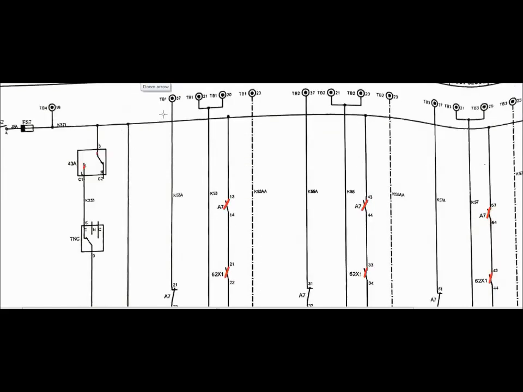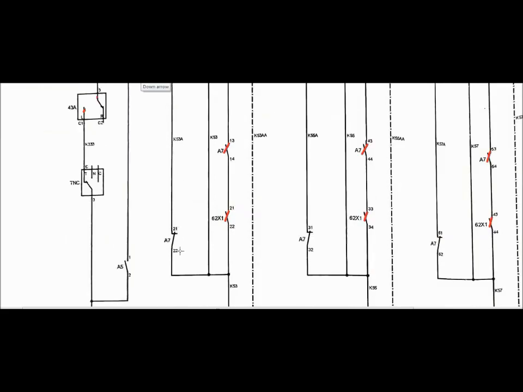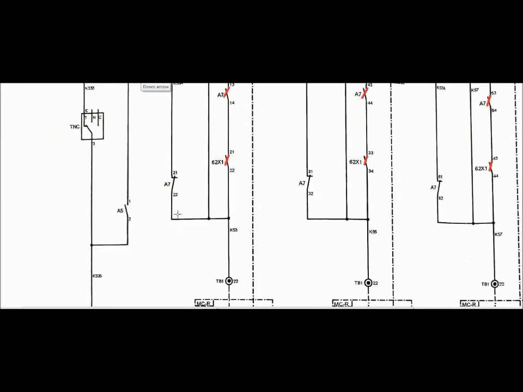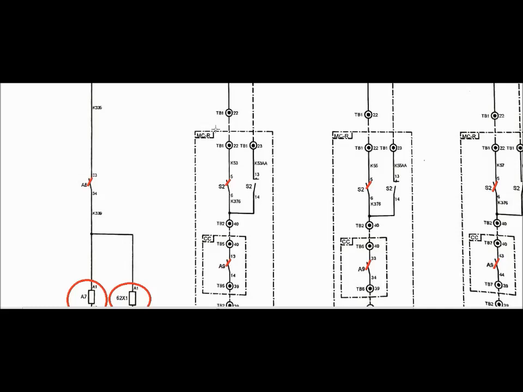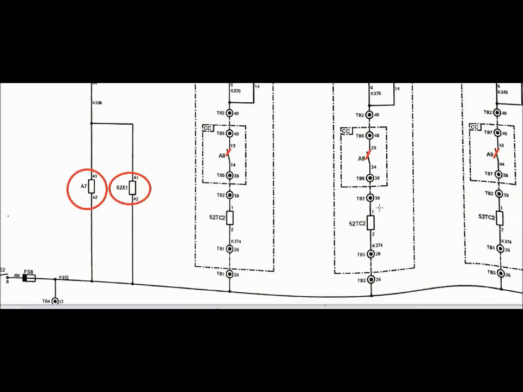As the DC comes to this TB, then via K53A for red phase, via the A7 auxiliary contact, it comes to TB122 for red phase, TB122 for yellow phase, and TB122 for blue phase. As soon as the DC comes to these three positions, the trip coil for red, yellow and blue phase is energized, and the circuit breaker will be tripped.